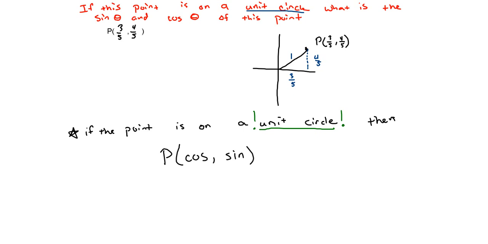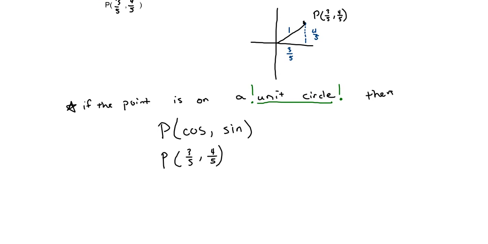So what this actually means is, if I'm doing this point right here, the point 3/5 and 4/5 looks something like that, and it's on a unit circle, then the cosine of theta is actually 3/5, and you're done.